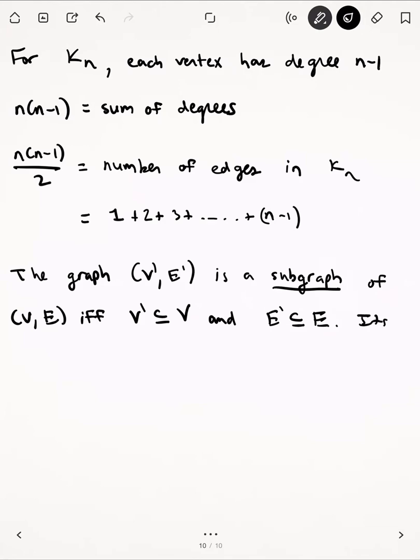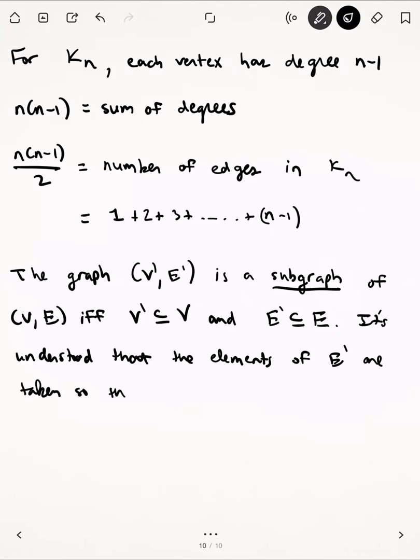It's understood that the elements of E prime are taken so they are incident to elements of V prime.